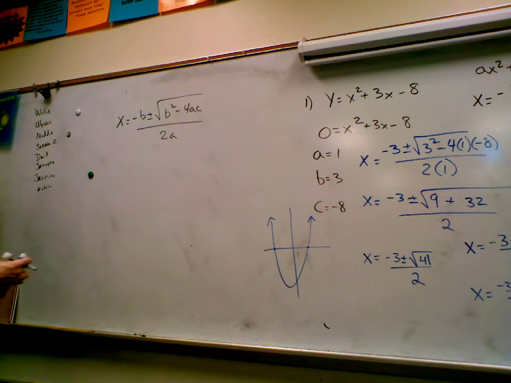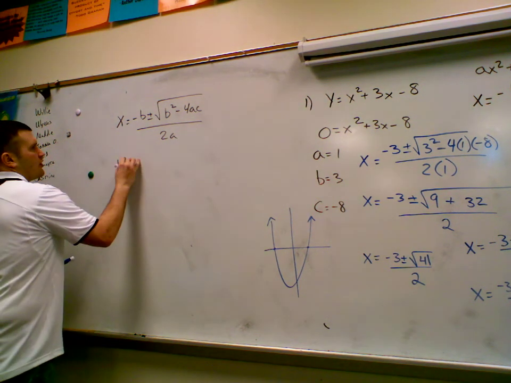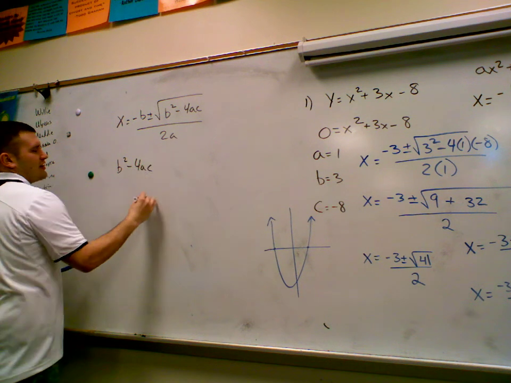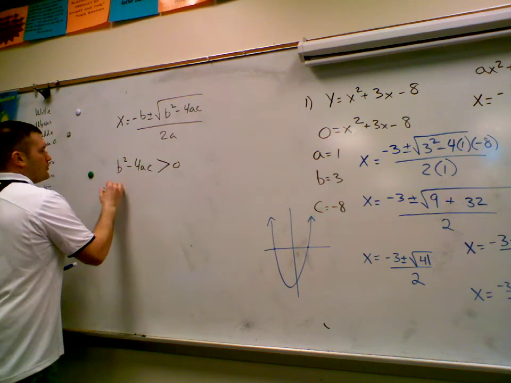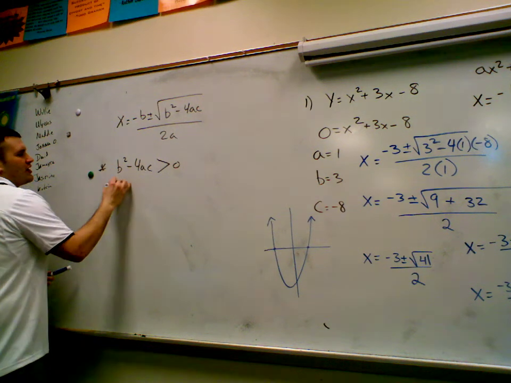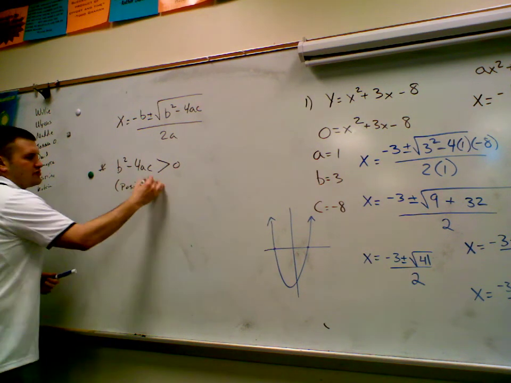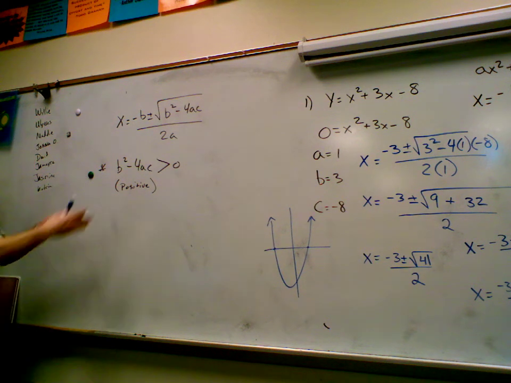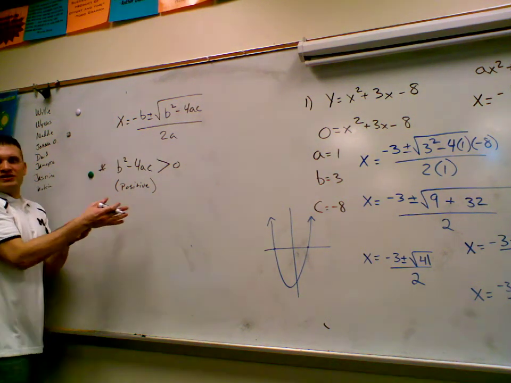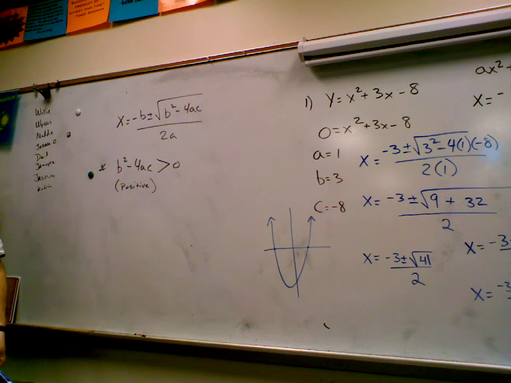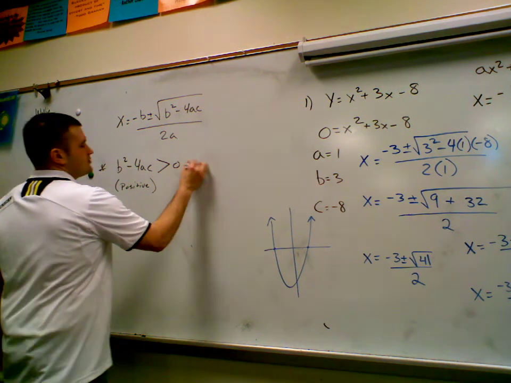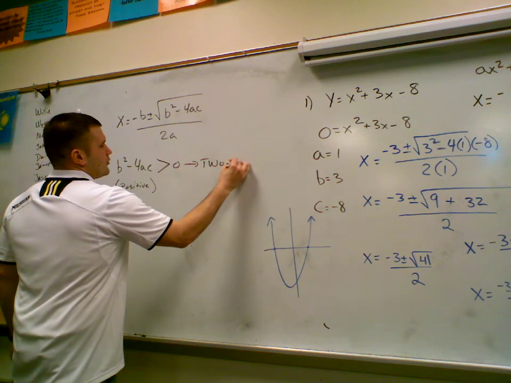No. So if b squared minus 4ac is bigger than 0, that means whatever is under the radical is positive. How many solutions do we have? 2 solutions, like number 1.